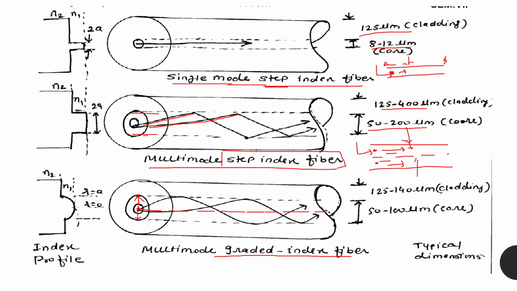As I have explained earlier, the signal travels in the form of a sinusoidal path. As you can see here, this is multimode, so multiple signals can travel at a time.